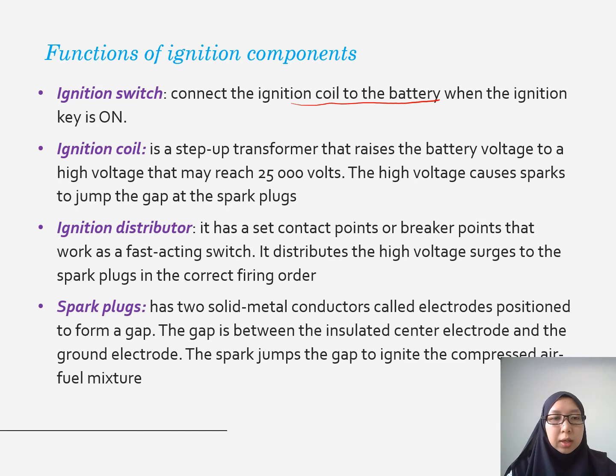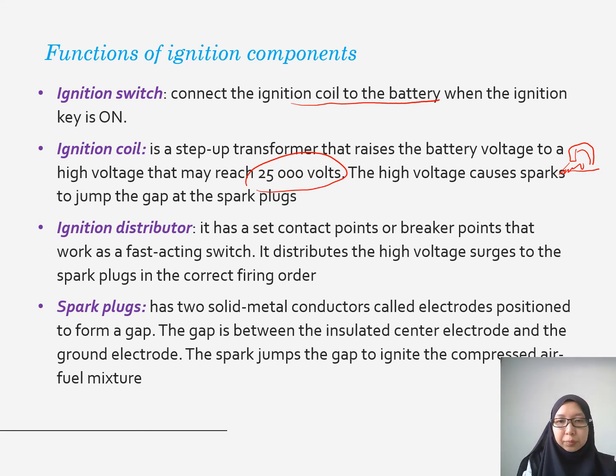The ignition coil is a step-up transformer that raises the battery voltage up to 25,000 volts. This causes the sparks to jump the gap at the spark plugs. You have these spark plug tips with a gap, and the spark comes out through the electrodes.